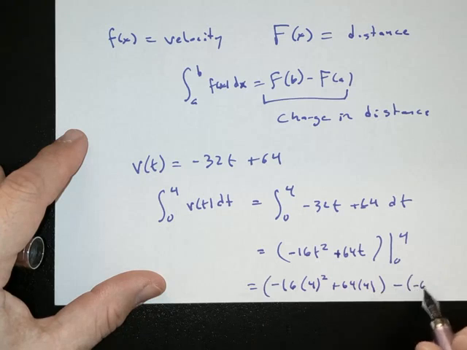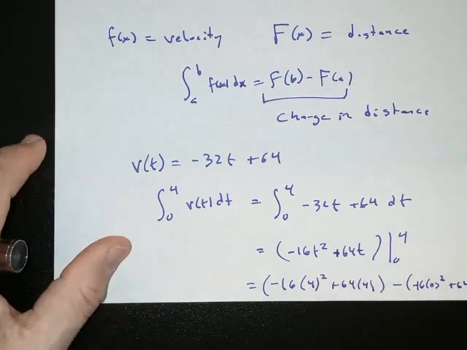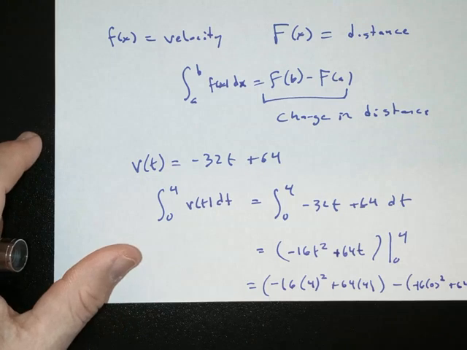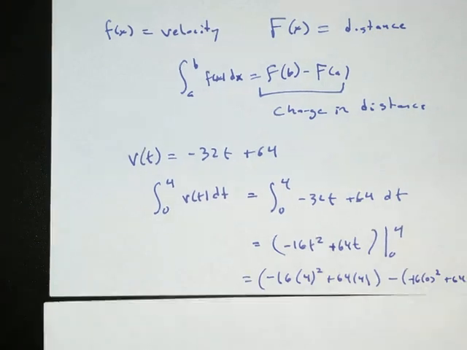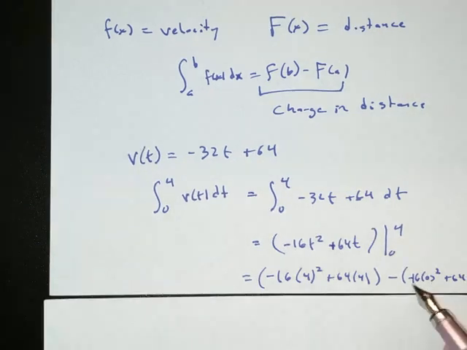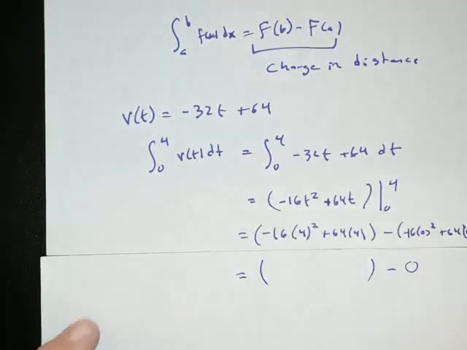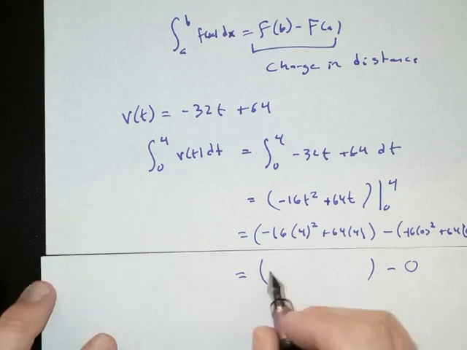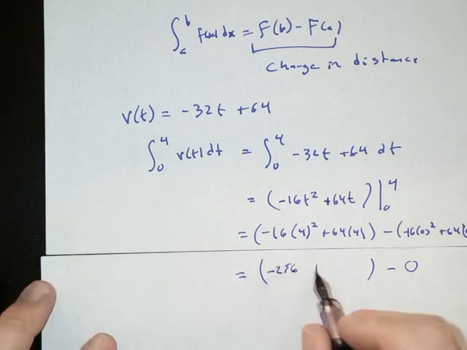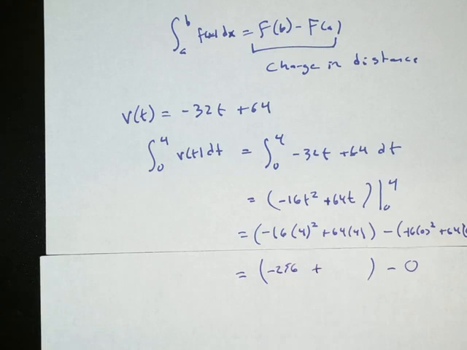When I put in 0, 0. Zero squared is 0, times 0, 0, that's 0. 4 squared is 16. 16 times 16 is 256.